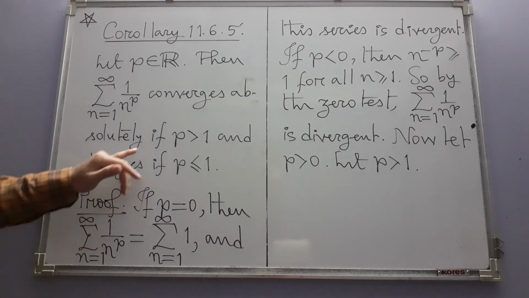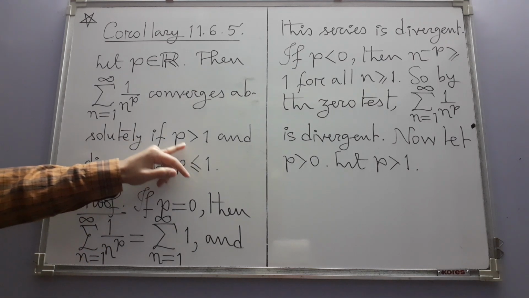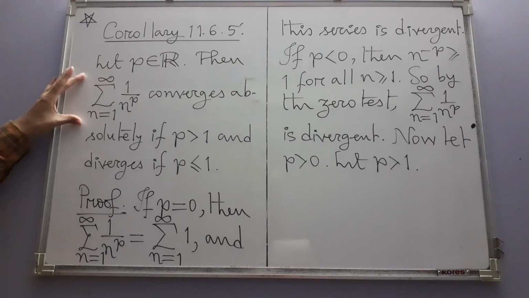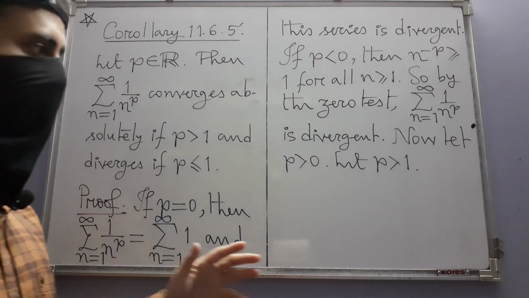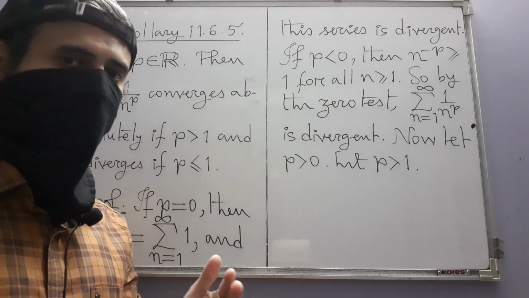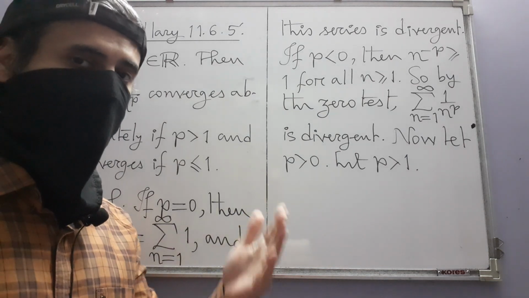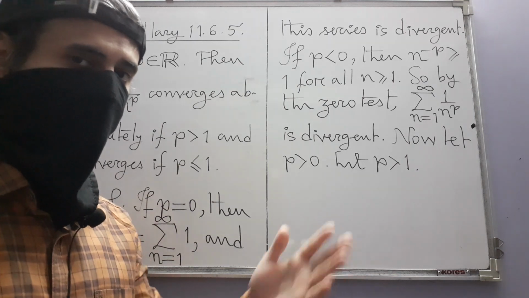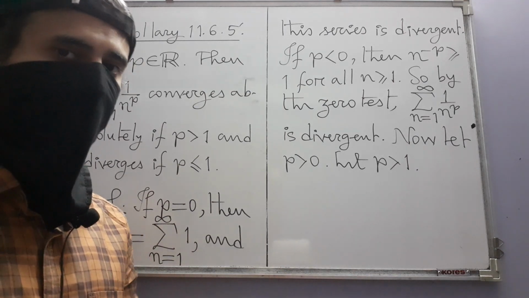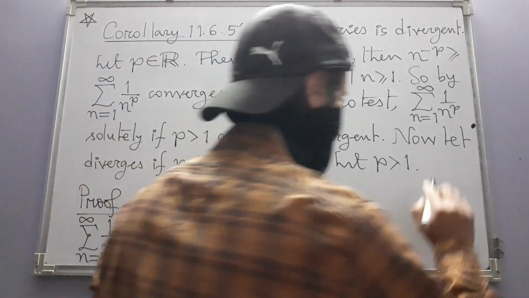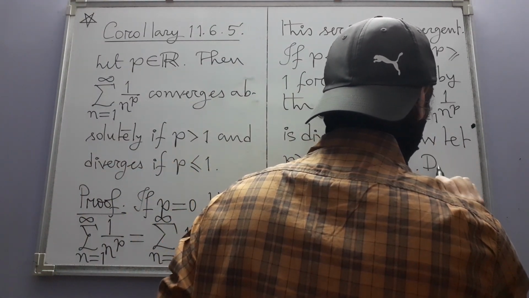P is greater than 1. In this case, we have to use that proposition to prove that this series converges absolutely. But in order to use the proposition, we have to first of all define some function f from 0 to infinity to R, which is non-negative and monotonically decreasing. That thing we need. So let's make this definition.